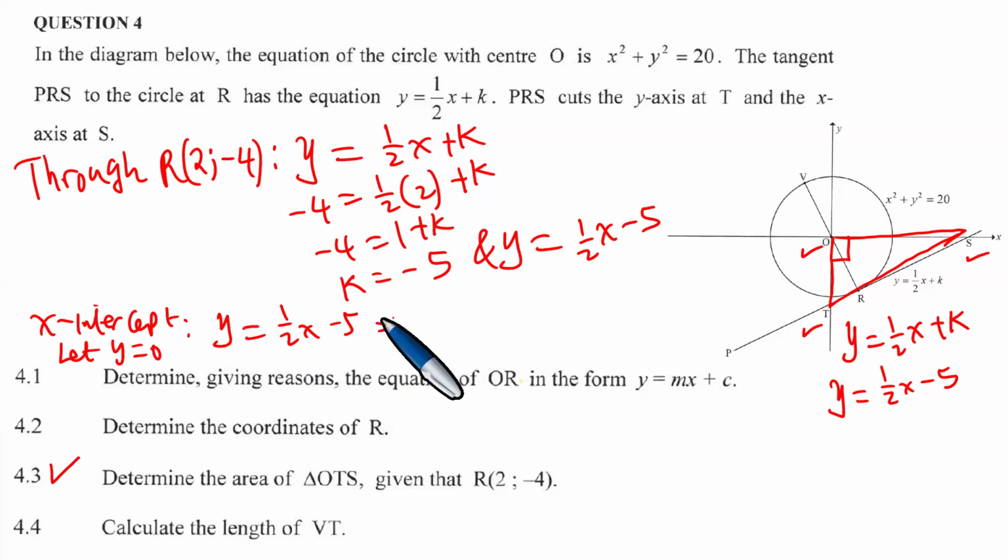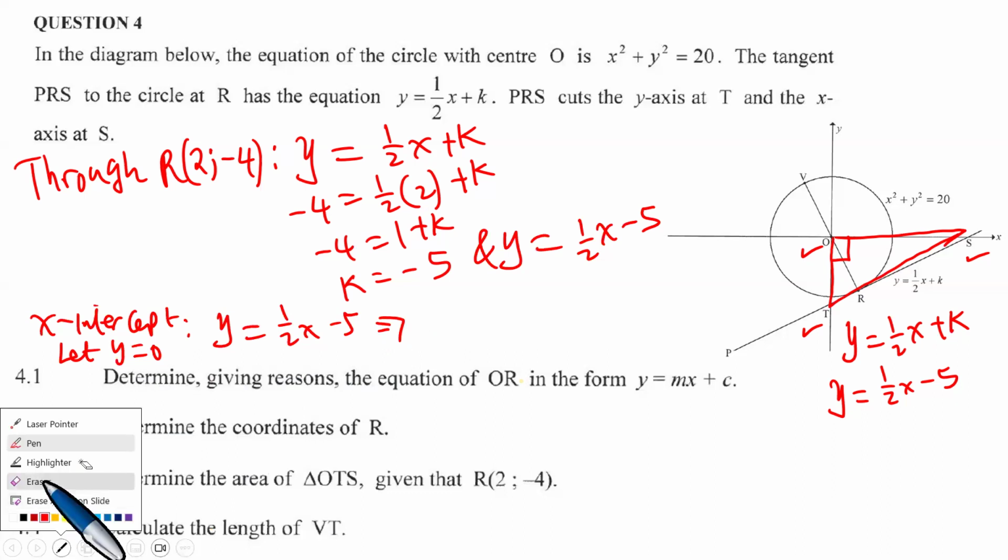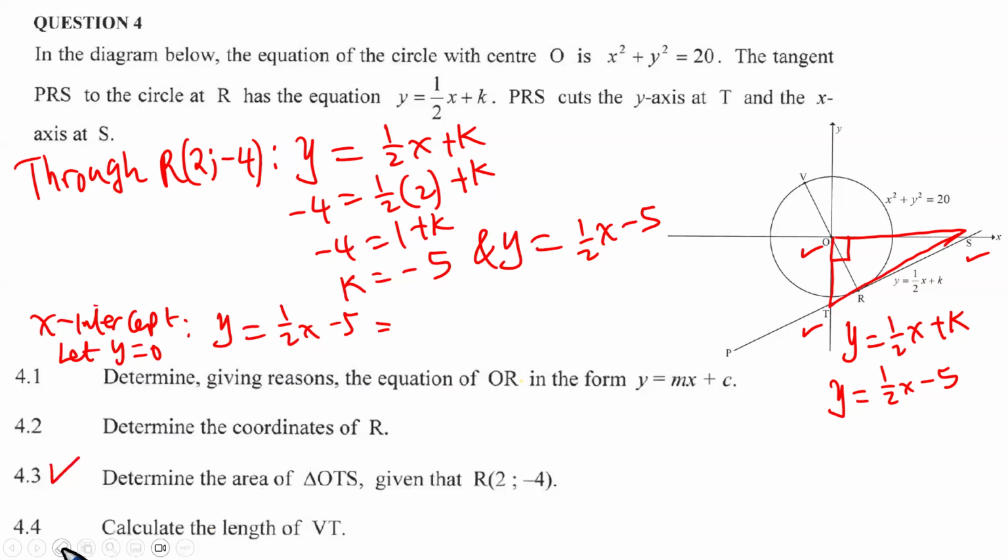Effectively y is 0 here. So if y is 0, then 0 is 1/2 x minus 5. This implies that you bring the minus 5 to the other side, so that we have 5 equal to 1/2 x.